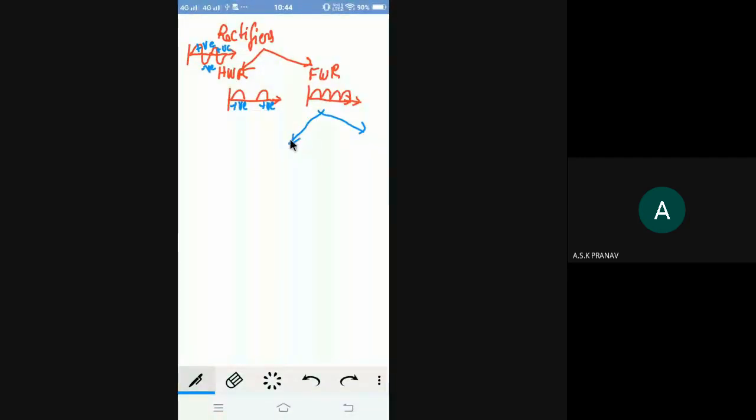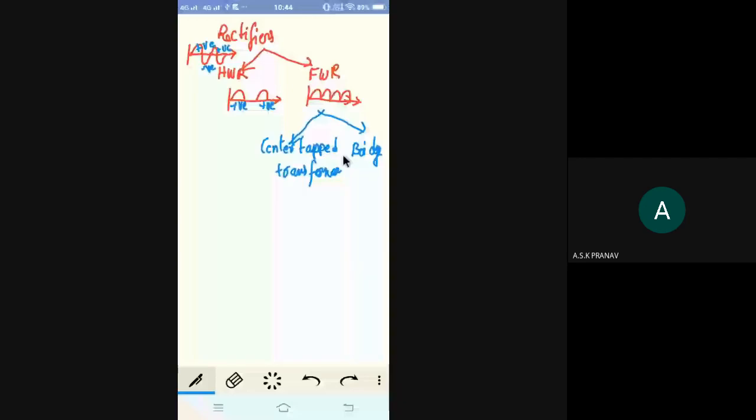One is the center tapped transformer full wave rectifier, and another one is the bridge full wave rectifier.